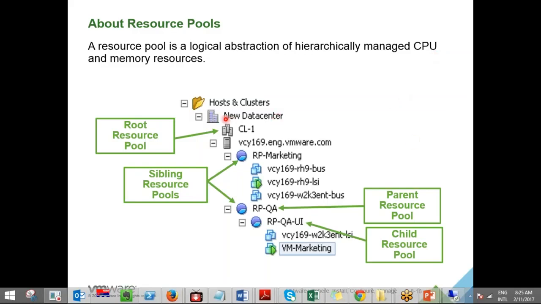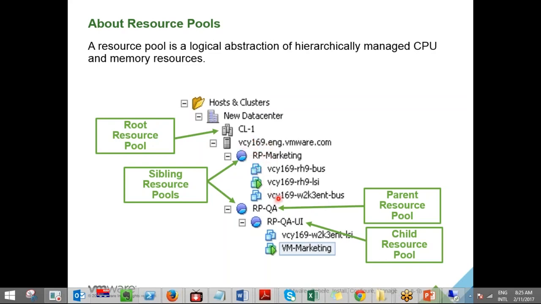So under the Hosts and Clusters folder, I have a new data center. Under the new data center, we have the CL-1 ESXi cluster. Under that, I have a single ESXi host.